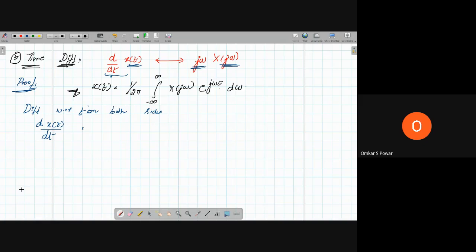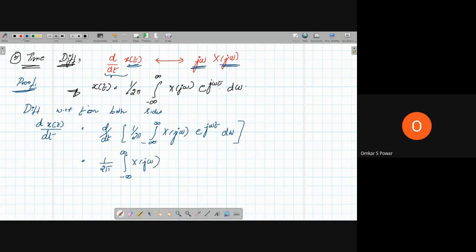Let me write it as it is: integral from minus infinity to infinity X of j omega e power j omega t into d omega. Observe what I am doing here. Let me take this 1 by 2 pi integral from minus infinity to infinity X of j omega.